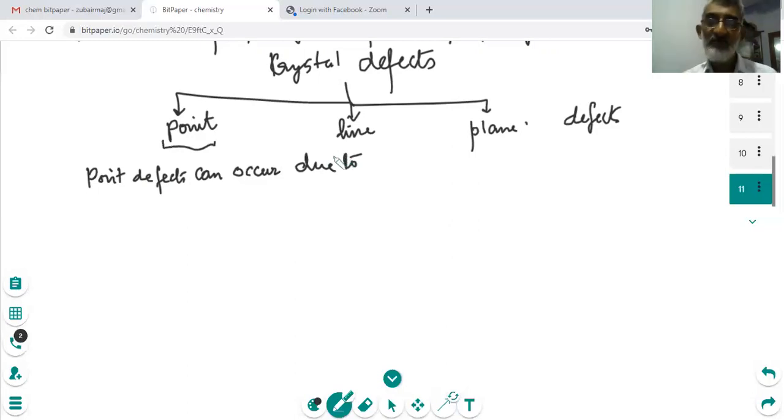Number one, vacancy in the lattice site.